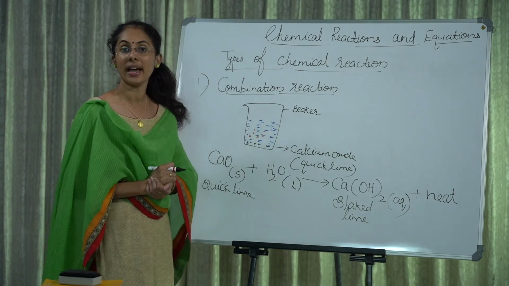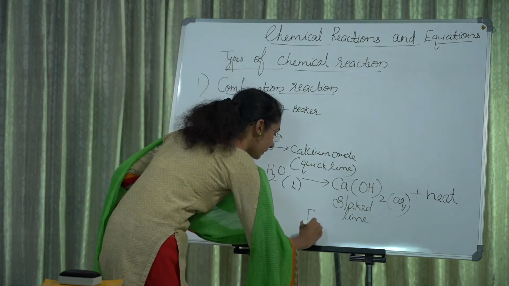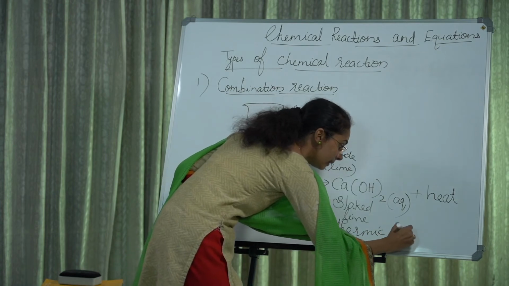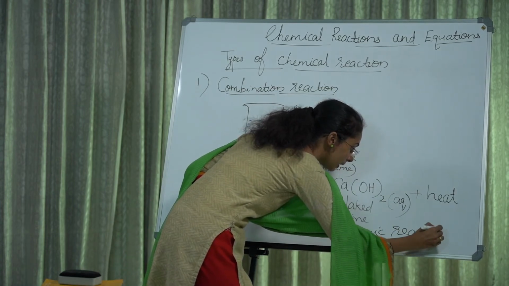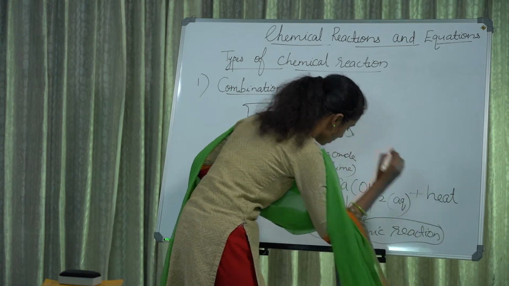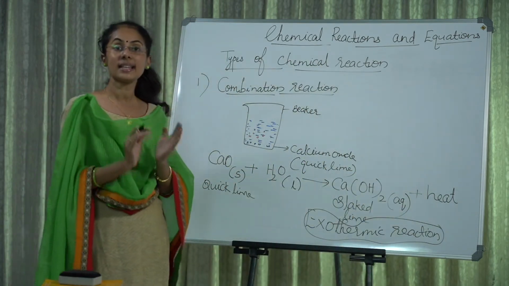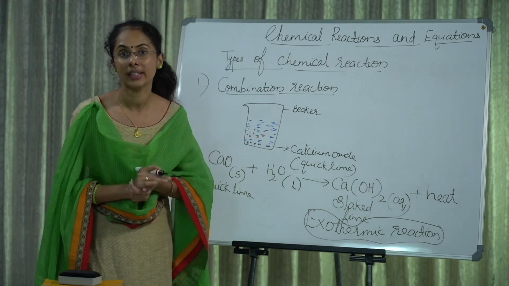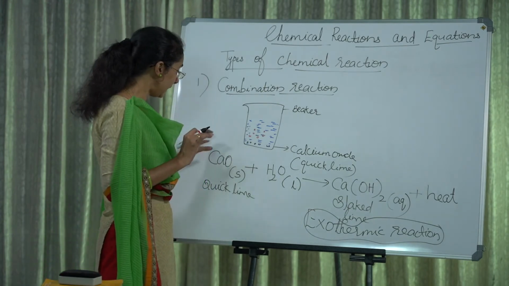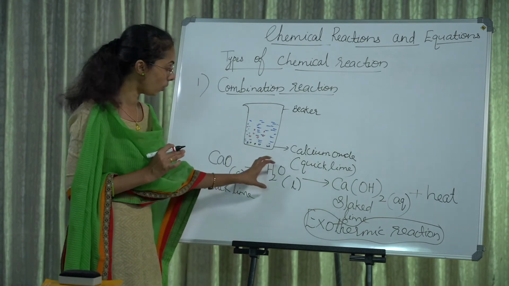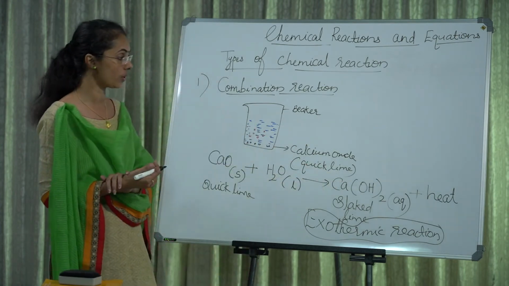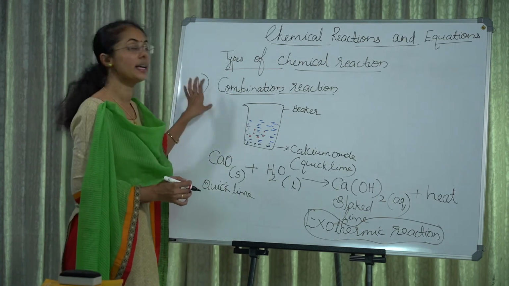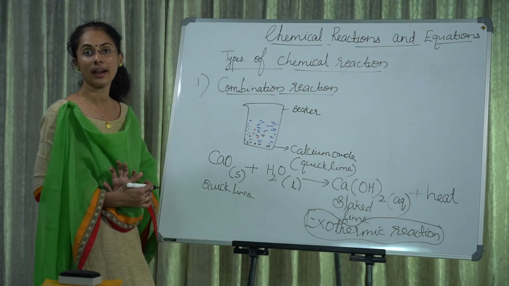That type of reaction is called exothermic reaction. Exothermic reaction means in some chemical reactions, heat is also liberated with the product. For example, calcium oxide and water form calcium hydroxide plus heat. This reaction is an example for combination reaction and exothermic reaction.